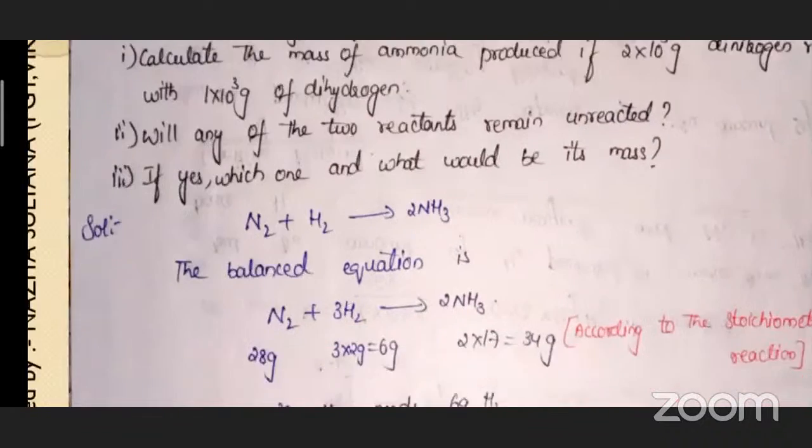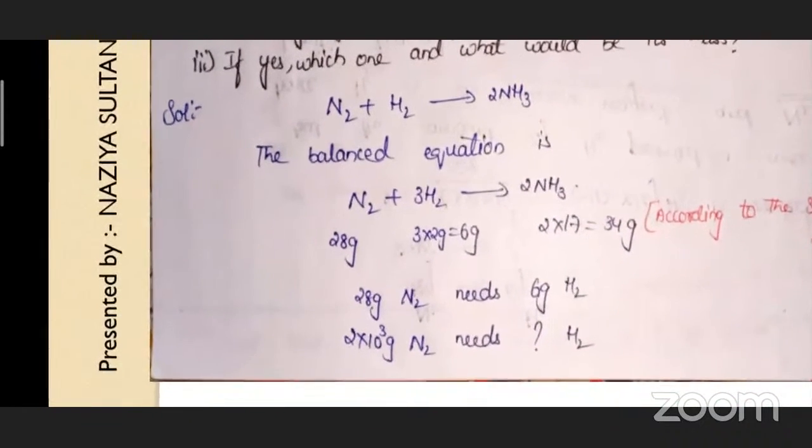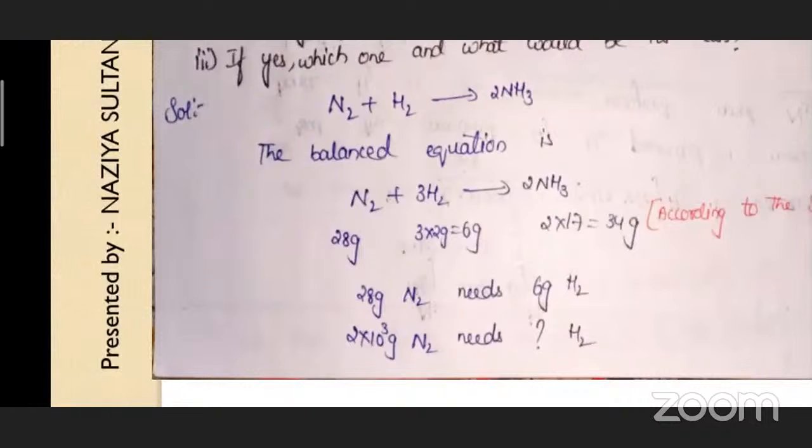So what is our first step? What do we have to do? We have to balance the equation. So what is the equation? N2 plus H2 gives 2NH3. You see here 2 nitrogens, here 2 nitrogens. On the left hand side we have 2 hydrogens, but on the right hand side we have 2 into 3, 6 hydrogens.